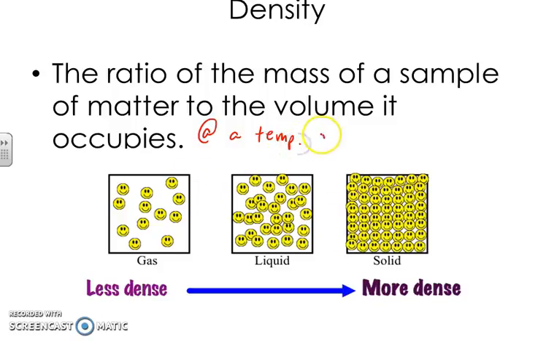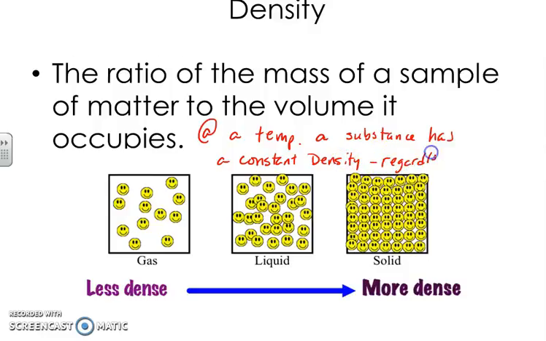At a temperature, a substance has a constant density regardless of amount. So for instance, liquid water at 20 degrees Celsius has the same density no matter if we have a swimming pool full or a 50 milliliter beaker full.